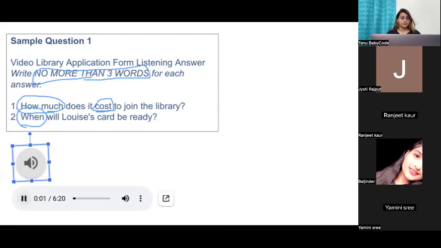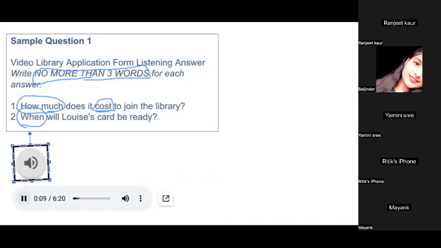Cassette 1. Side 1. Test 1. You will hear a number of different recordings and you will have to answer questions on what you hear.